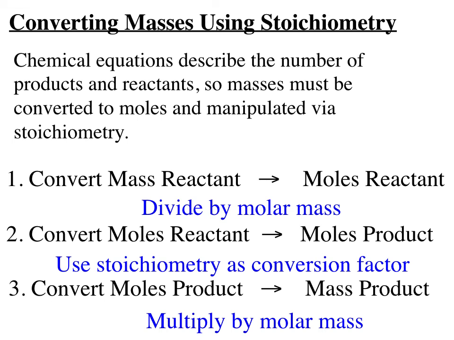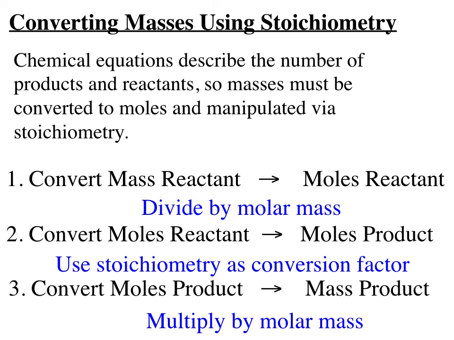What I will do to get a certain amount of reactant into a reacting vessel, I will weigh it. But in order to use the stoichiometry to find what amount of product it will form, I must convert that mass into moles. So I have to first do a step where I convert the reactant into moles by using the molar mass. Then I can use the stoichiometry of the equation in step 2 to convert the moles of the reactant into moles of product.